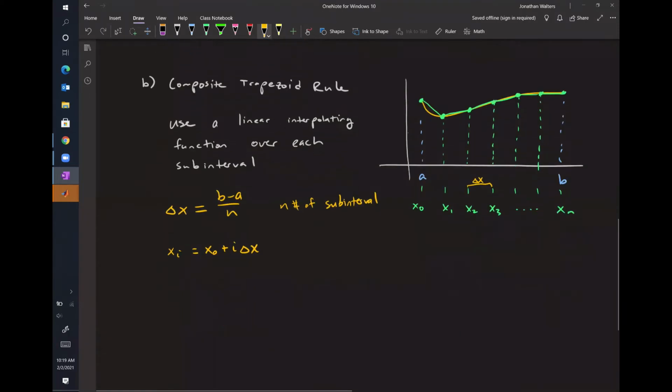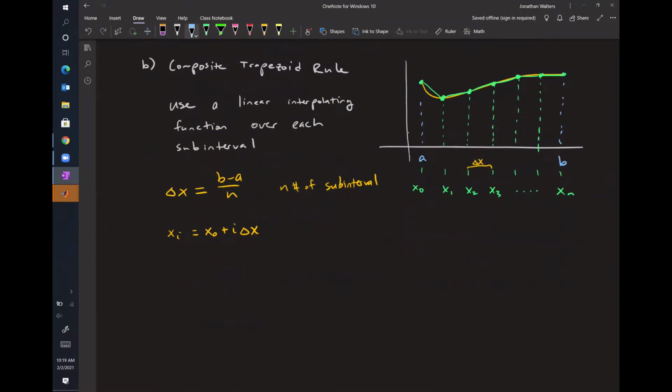So let's look at just one subinterval. Focus on the interval xi to xi plus 1. The integral from xi to xi plus 1 of f of x dx is going to be approximately delta x over 2 times f of xi plus f of xi plus 1, by what we just did.